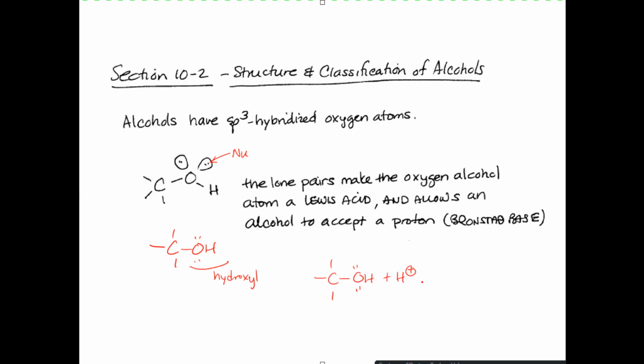That proton could come from something like HBr, or from something like sulfuric acid. In this case, the O could be the pair of electrons used to bond the H plus, and then the pair of electrons in either one of these cases goes to the bromine or to the oxygen. So what we end up making is an oxonium ion.